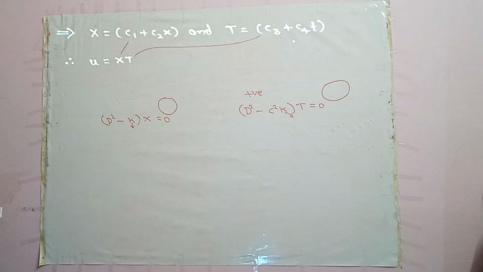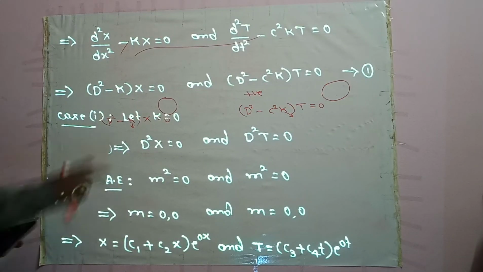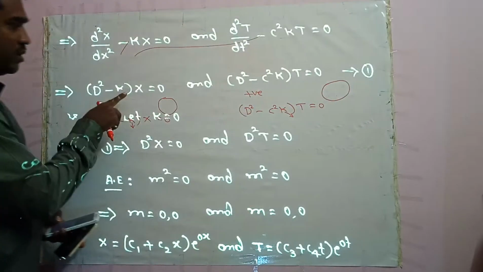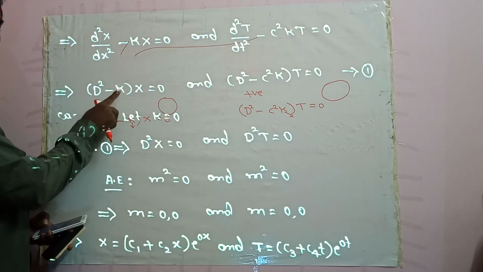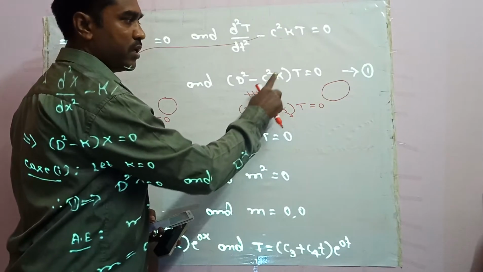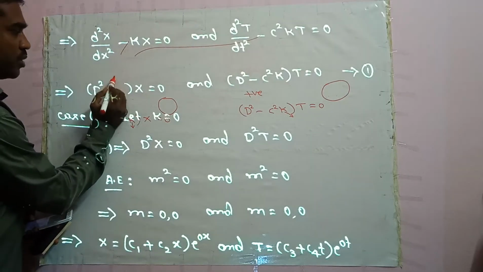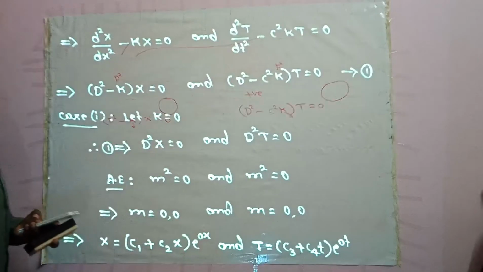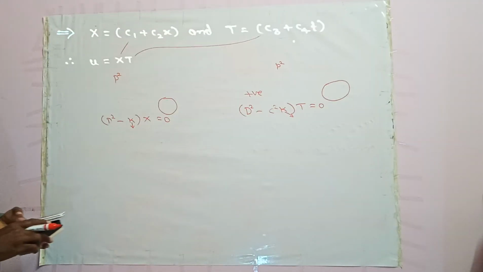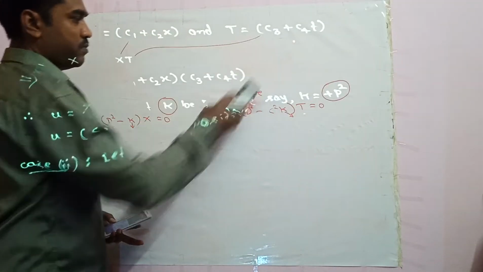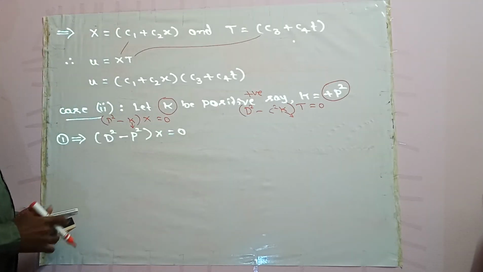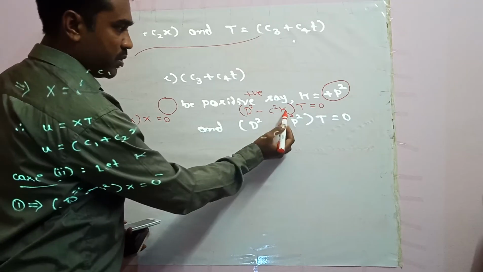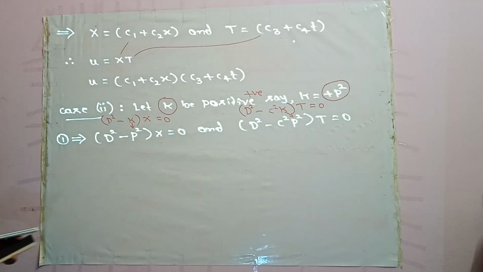Let me go back to the previous slide. So here are the equations, equation number 1. In this place I am going to take p square, and here also I am going to take p square. So I am going to replace this as p square and this also as p square. So that is what I have done here. See, in the place of k, p square, in the place of k, p square I have taken.